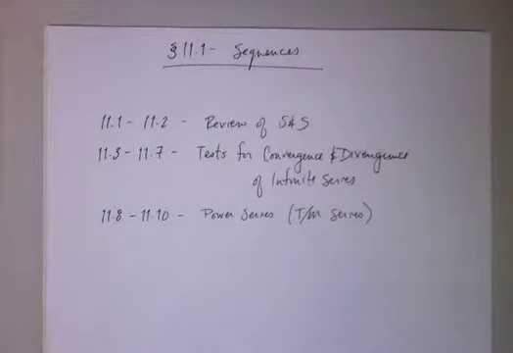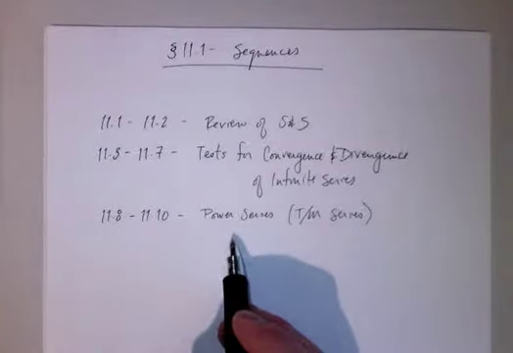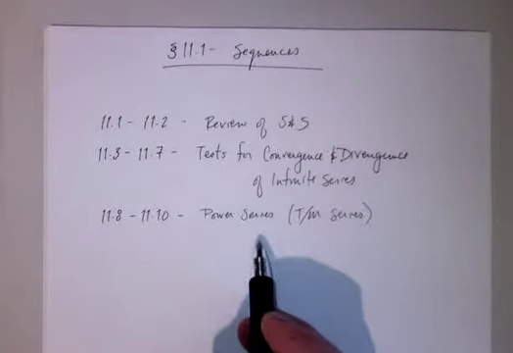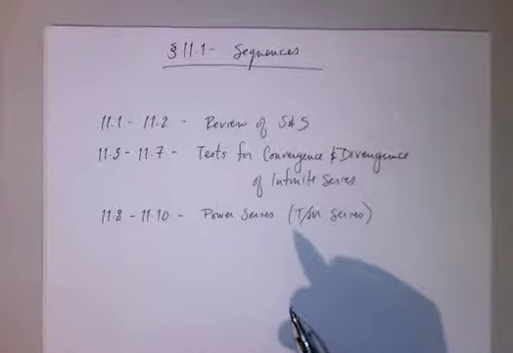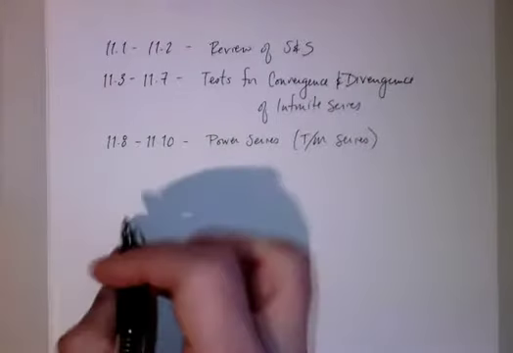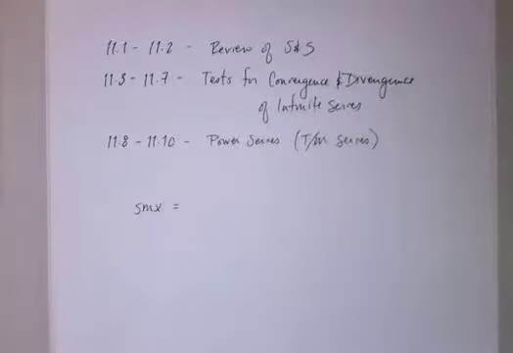From there, we're actually going to use those infinite numerical series as a springboard to talk about power series. And these are important because, let's just say, for instance, you have sine x. The way your calculator calculates sine x is not actually as sine x.